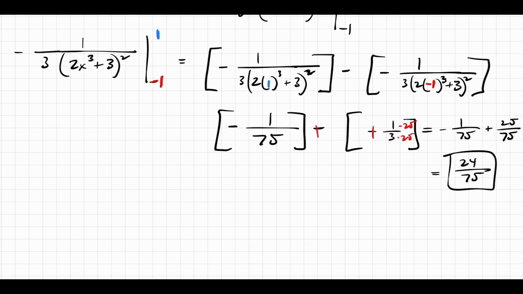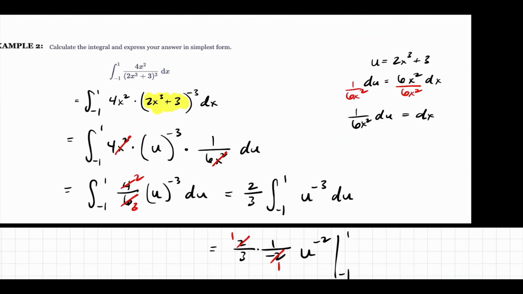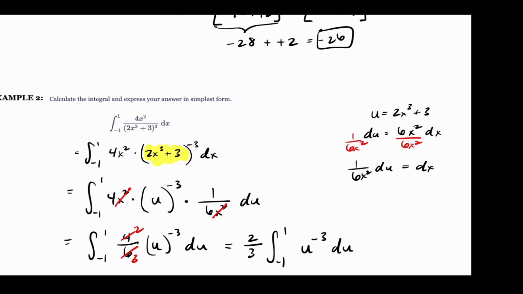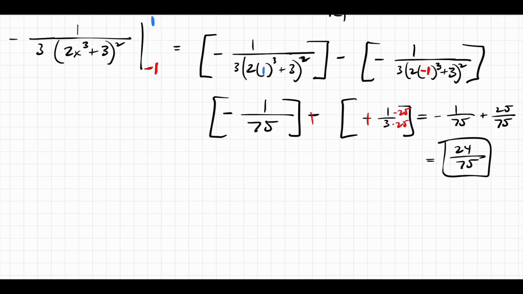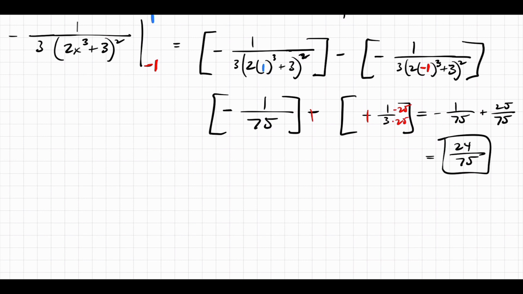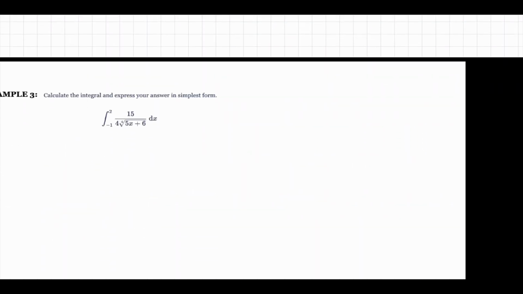I don't know if sometimes students go too fast or what, but this is where I see a lot of the mistakes. Not over here, this is the calculus up here. So it's not so much with that. It's just being careful, taking your time. That's the main thing with this one.